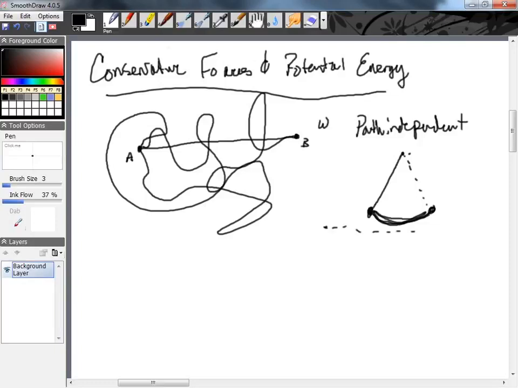And let's assume that this point down at the bottom is where U equals zero. The potential energy in this pendulum is going to be given to us by the height of the pendulum above the lowest point. That would be our change in potential as it swings.